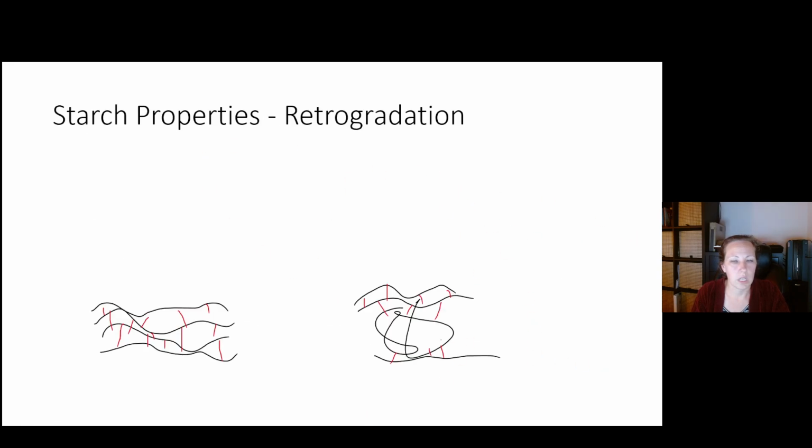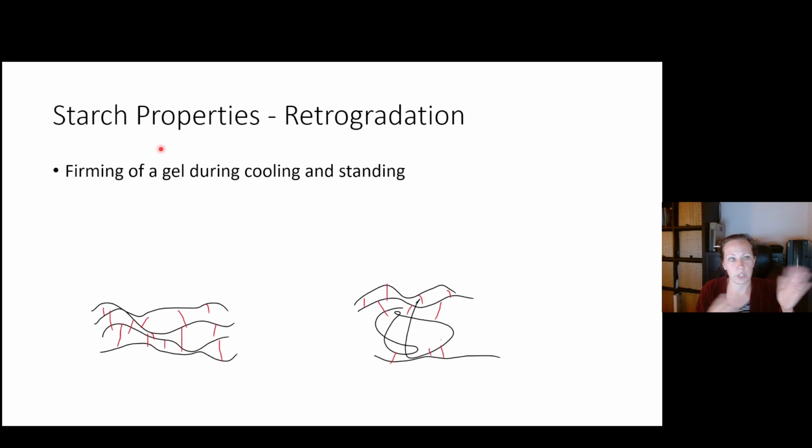Now, continuing along those lines, the gelation is actually going to happen mostly during cooling. So with the heat, you get the hydrolysis, and the hydrogen bonds are unbonded, and water can get in. But during cooling is where these hydrogen bonds rebond, all right, wherever the water hasn't gotten in there.